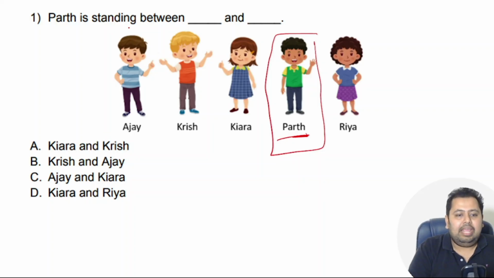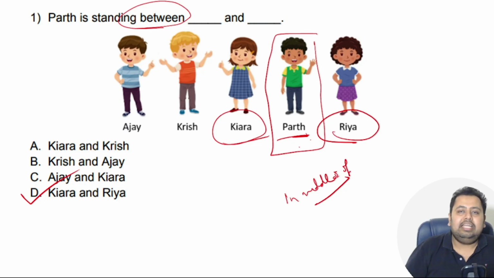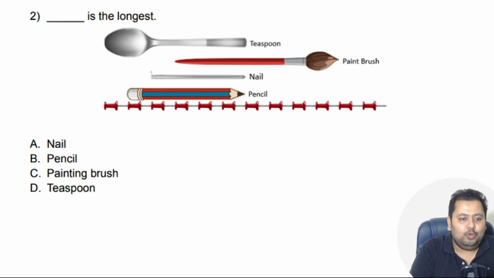So when you say between, it means in the middle of. So Parth is standing in the middle of whom? In the middle of Kiara and Ria. Option D is the correct answer. If you got it correct, give yourself a star, and we move to question number 2.